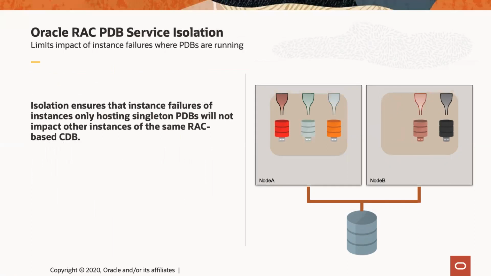This is exactly what we call PDB service isolation. If there are any events occurring on nodes where the PDB is not even up, then we don't have to worry about it.